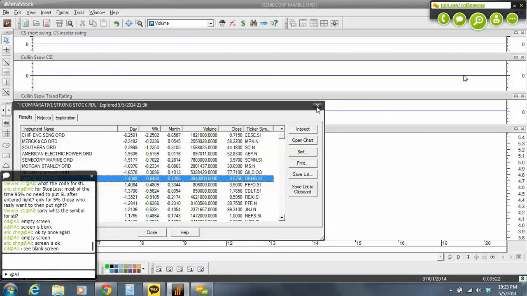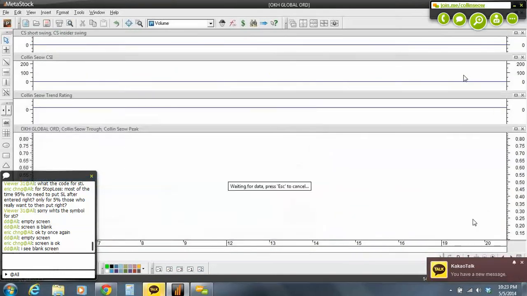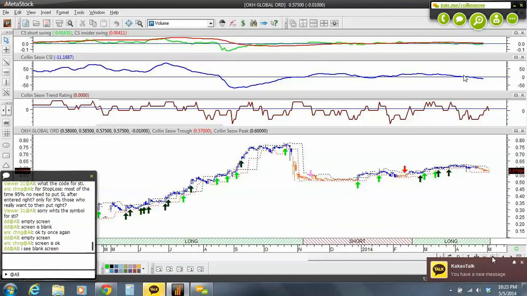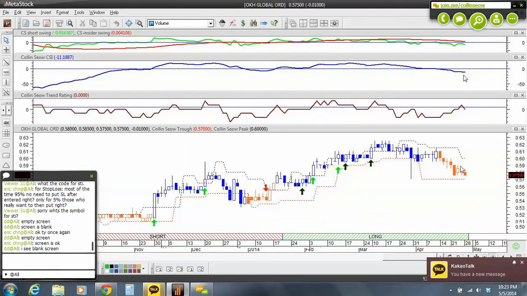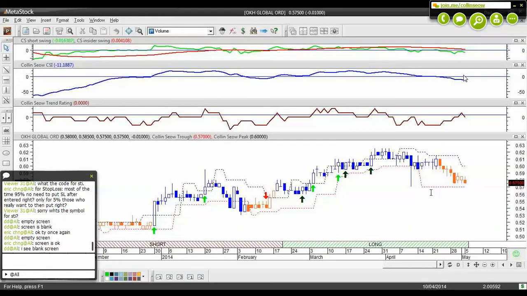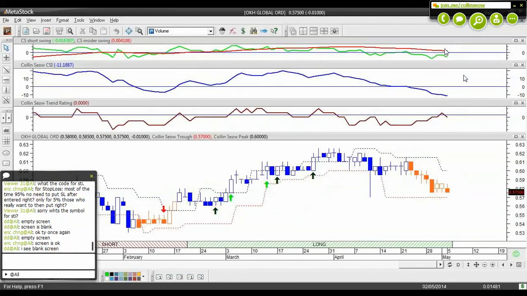This week. Okay, so we have a few stocks which are weak.